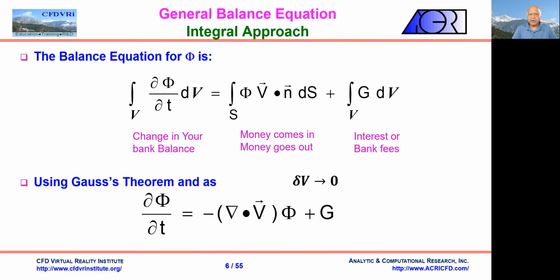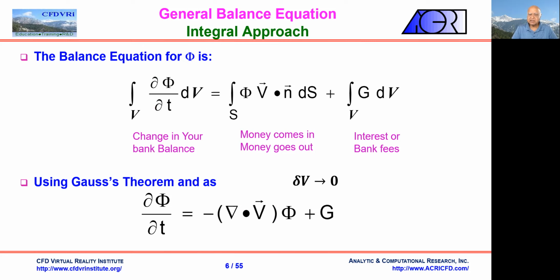So here is the general balance equation. For any property phi that flows, the accumulation of that property with time, d phi dt, over a control volume is given by the first term. The flux of this property coming in at the surface, money goes in, money goes out, is given by this specific term, which is basically the rate of movement multiplied by the surface normal of the surface.